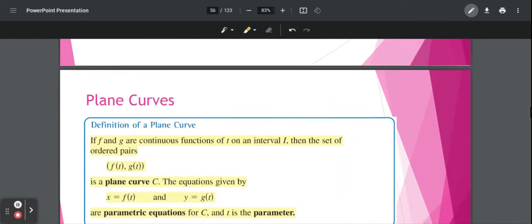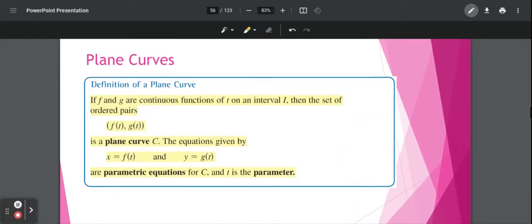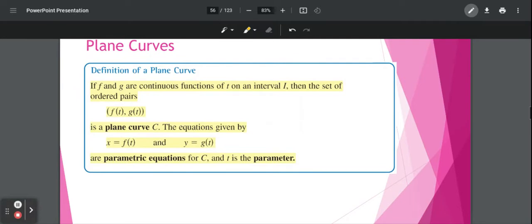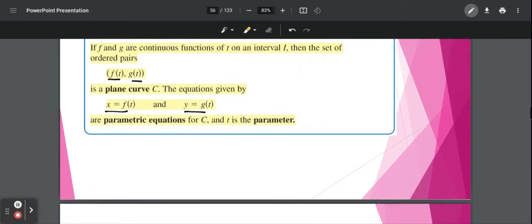Here's your definition of a plane curve. If f and g are continuous functions of t, so these two parametric equations are continuous, then the point f of t and g of t represent the x coordinate and the y coordinate. If you plug a t value into your x equation, that gives you an x coordinate. If you plug a t value into your y equation, that gives you your y coordinate.